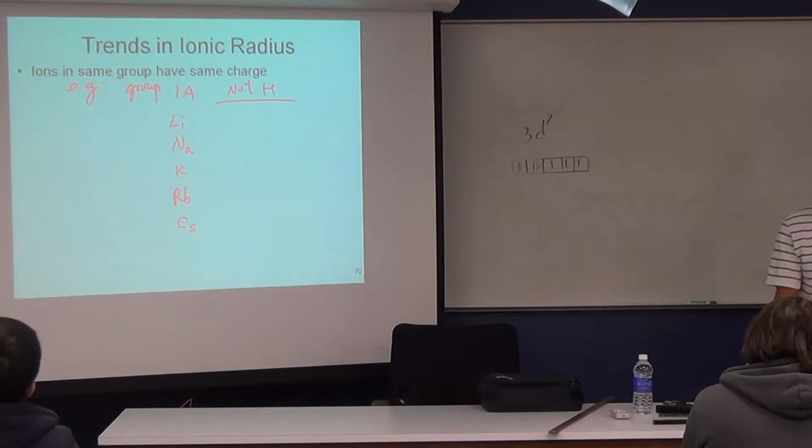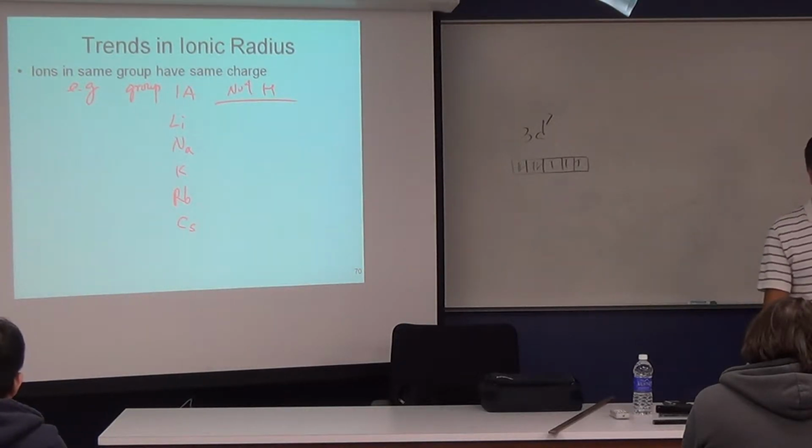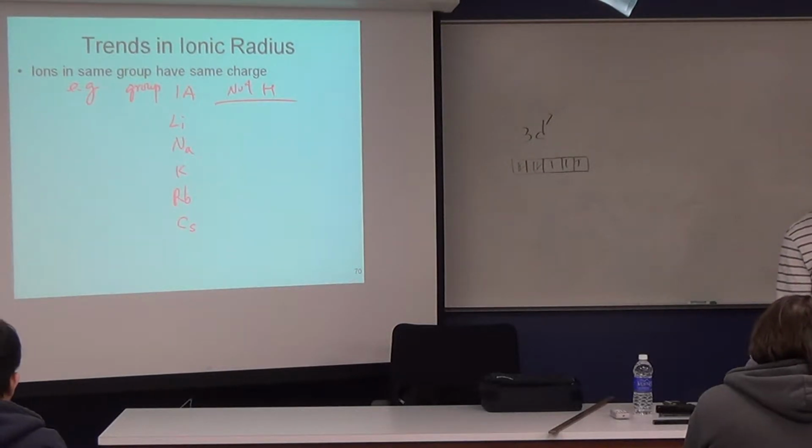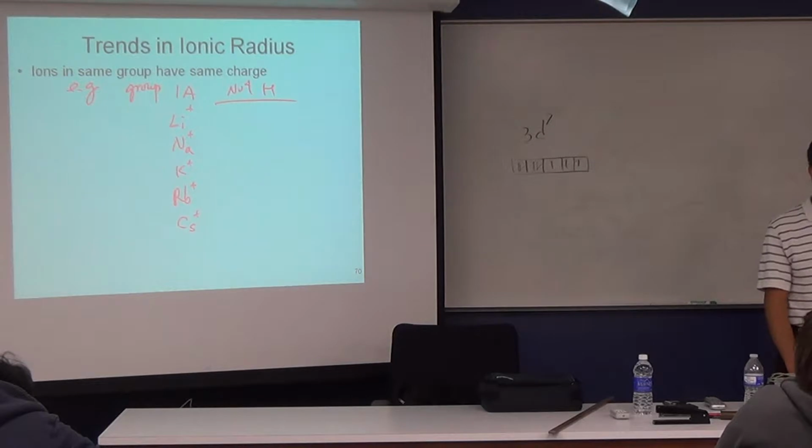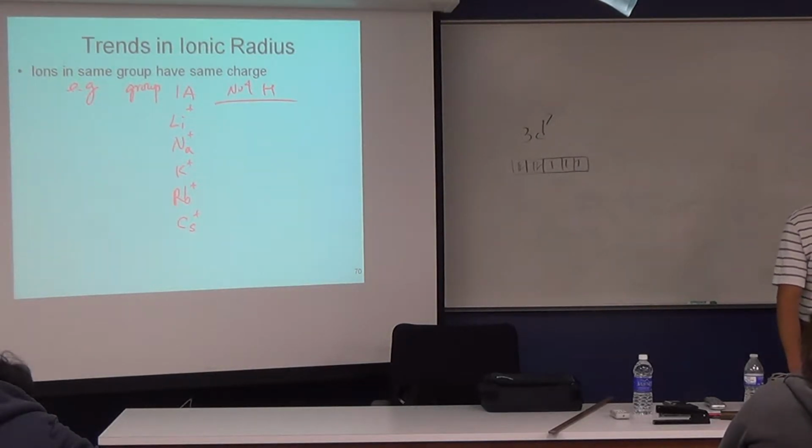That's what we studied in early chapters, and also in this chapter we have a little better understanding. All of them have 1 plus. And that's one example: ions in the same group have the same charge.